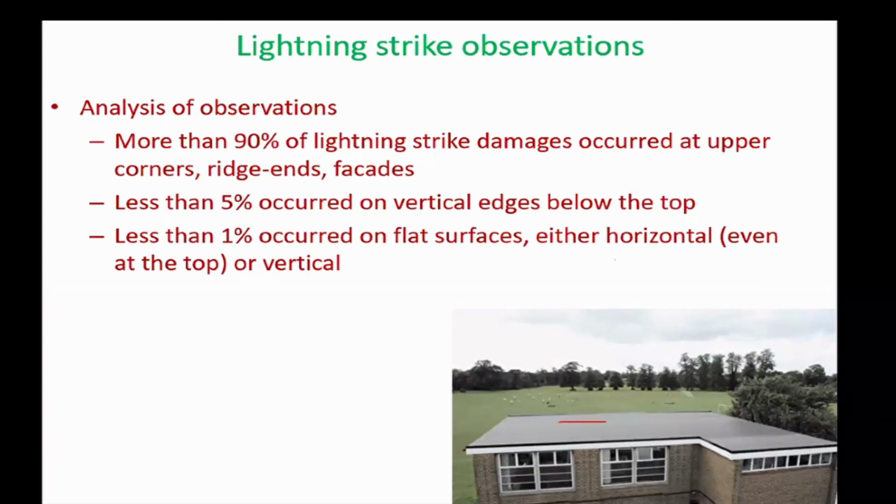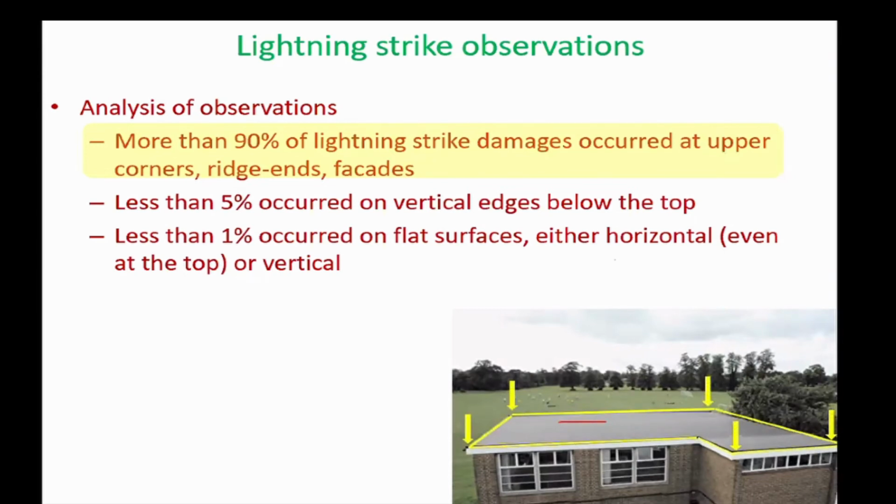And also another important point. When we analyze the lightning data, we find that more than 90% of lightning strike damages occurred at upper corners and ridges and facades of a building. We have statistics from Malaysia, from USA, from Singapore, and there are some data from China.